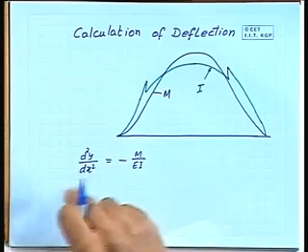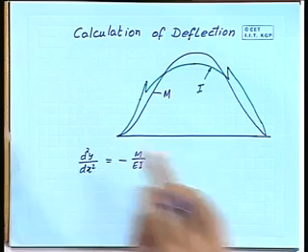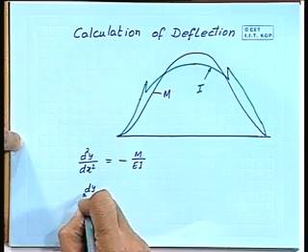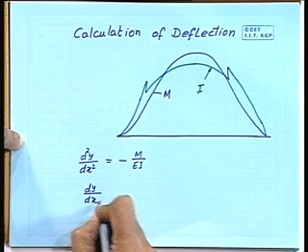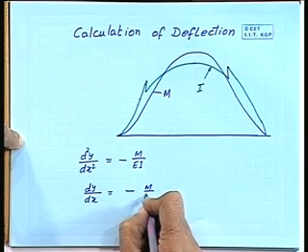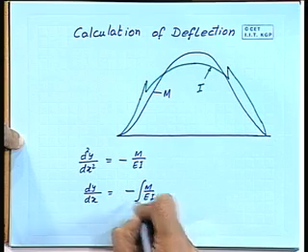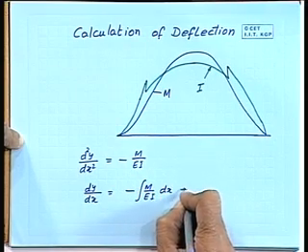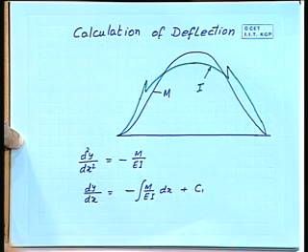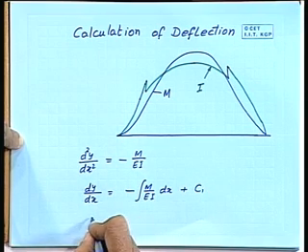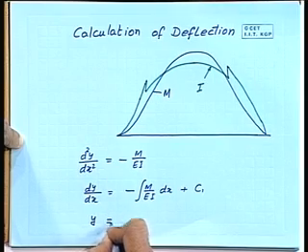So, this is the moment curvature equation, and therefore, when we try to integrate it twice, the first integration gives me dy by dx equal to minus integral of M by EI dx plus a constant of integration C1. The second integration will give me y.